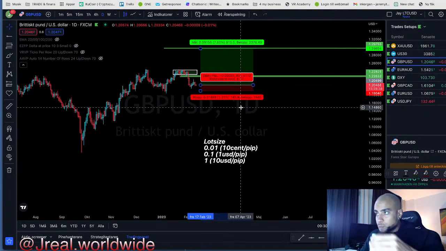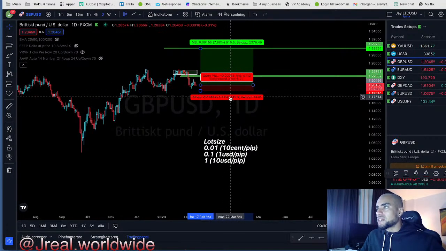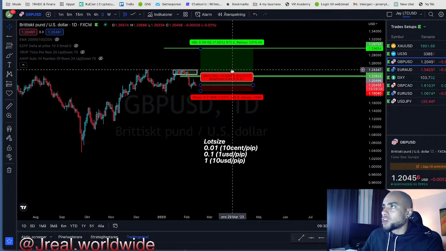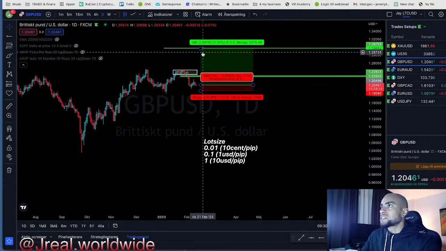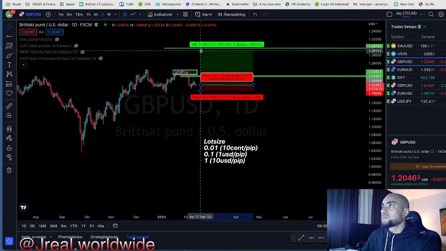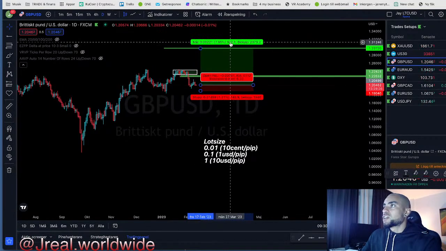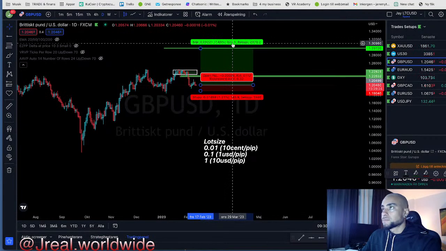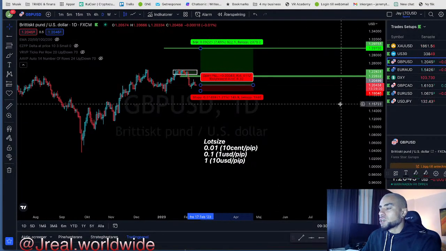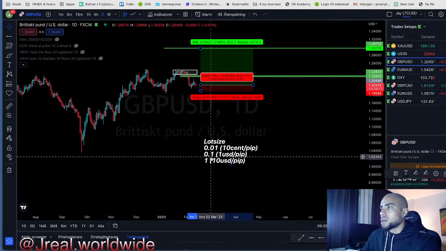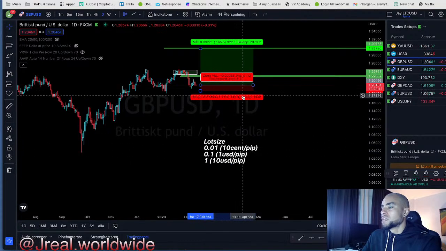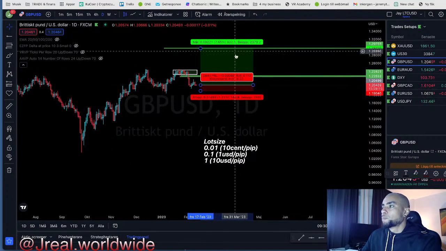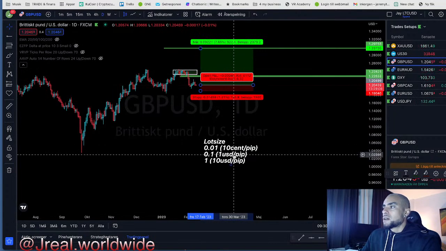So, the opposite now. We put a take profit. Let's say this is our take profit here. Our take profit is 922 pips. Now, if the market moves 922 pips, how much will we make on lot size 0.1, which is $1 per pip?